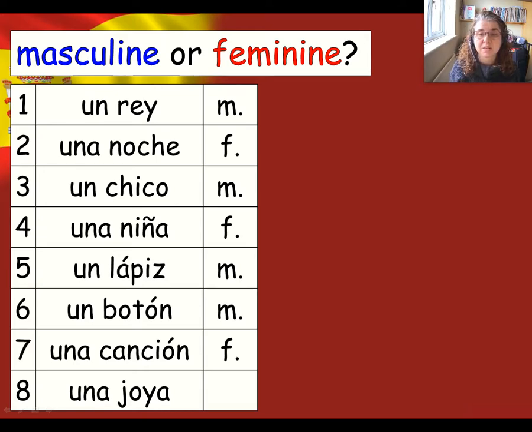And all the words in Spanish that end C-I-O with an accent N, they are all feminine. And finally, number 8, una joya, is feminine because it has una before it and it has a on the end. So, how did you get on? Did you spot all those clues that help to tell you if the word is masculine or feminine? Well done.